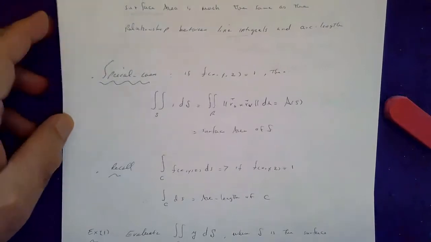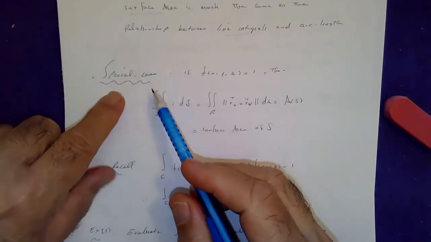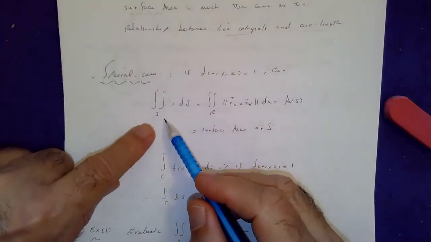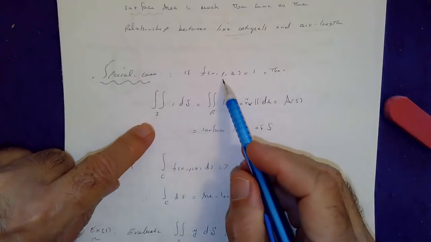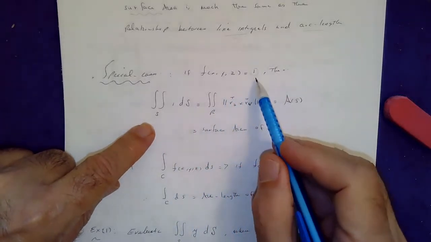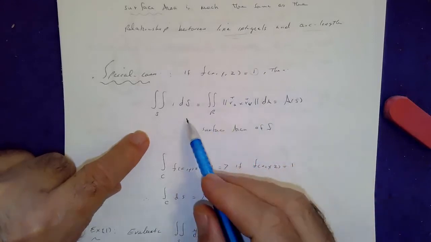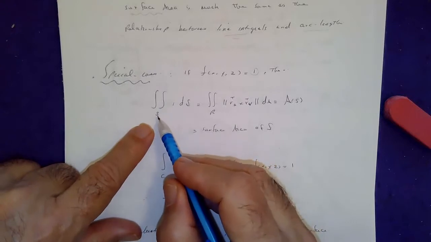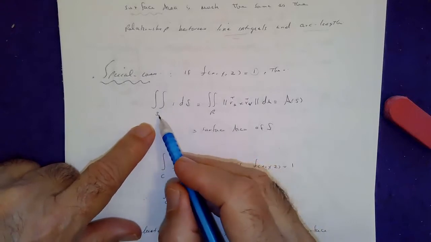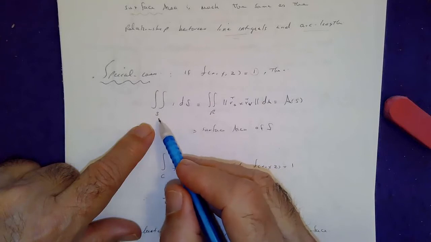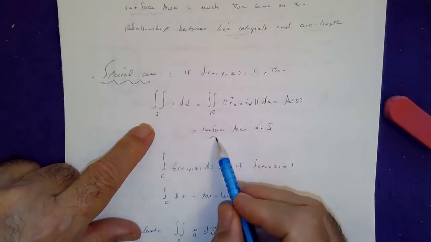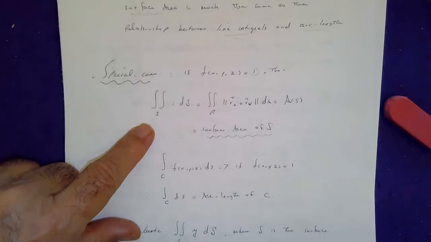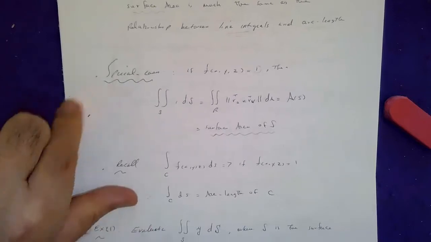Here's the special case: suppose in your surface integral, the integrand, the function f(x,y,z), is identically equal to 1. Then this double integral, denoted by double integral with subscript S, which stands for surface integral, does compute the surface area of the surface S. So that's a special case.